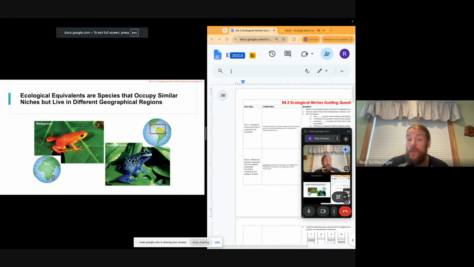It's really cool. We've seen this before in analogous structures, where organisms that don't have any evolutionary relationship develop some of the same abilities and physical features just due to the pressures presented by their environment.